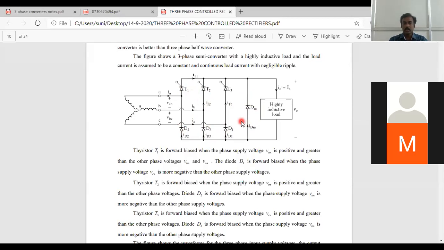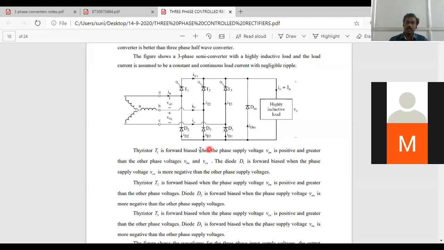Okay, so in general, what is the operation that is going to be done whenever the freewheeling diode is not present? Here T1 is going to be triggered at the instant of 30 degrees. When T1 is provided with a triggering pulse at 30 degrees, the current conduction path is going to be from phase A to T1, T1 to this load. But whenever you consider these negative devices, any one of the three negative devices should be in operation.